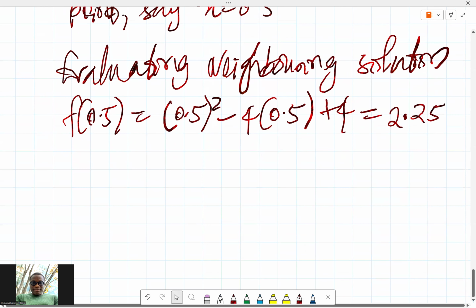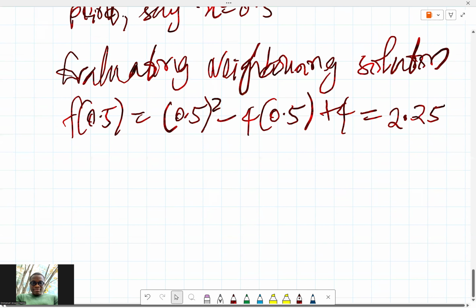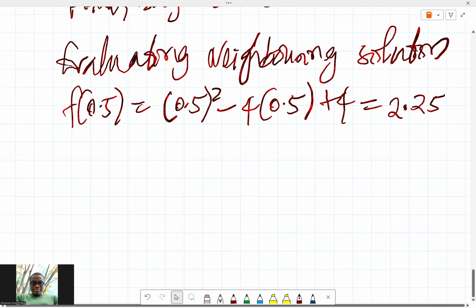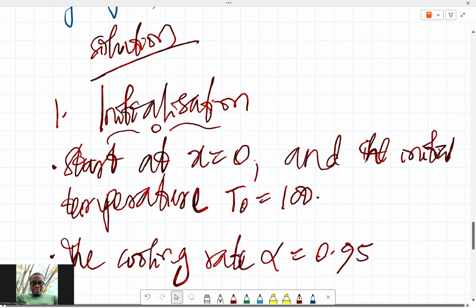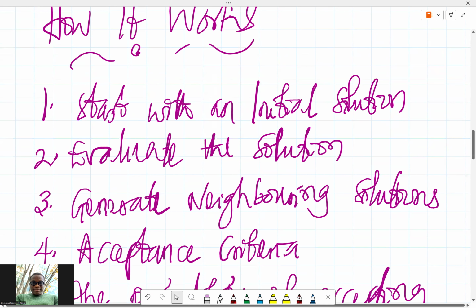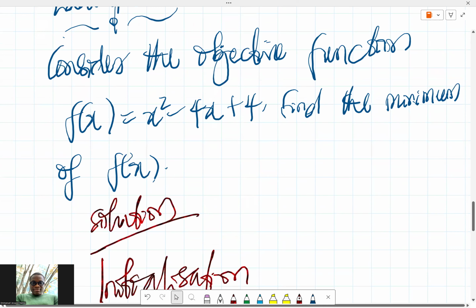So the next thing we want to do is to accept worse solutions. What are the steps again? Evaluate solution, generate neighboring solutions.